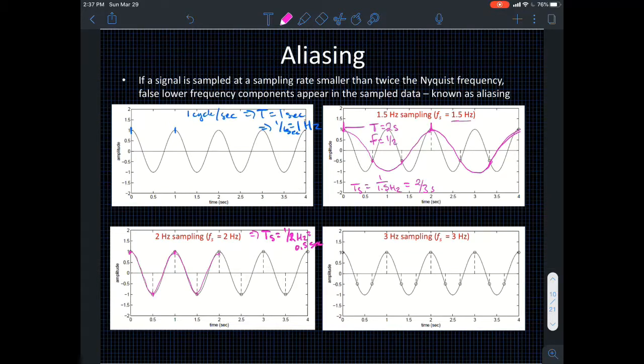So now we actually have a lower frequency than what we had originally. This is the problem with not meeting the Nyquist sampling rate rule: you start having lower frequencies show up in your signals when you try to recreate them. And we can see down here in the lower right hand corner that because we have a 3 hertz sampling rate, we are able to accurately classify that signal, and we don't have any funny business showing up.